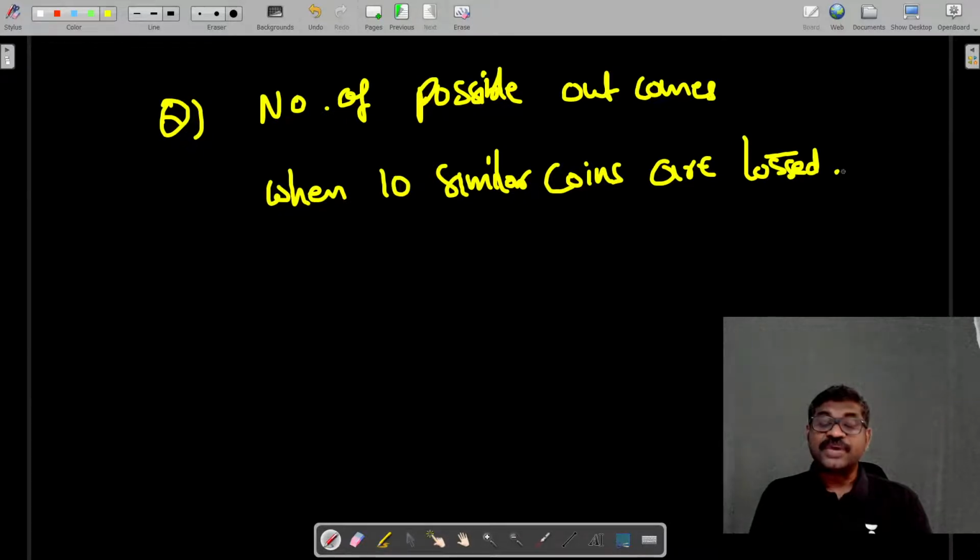Okay? So here, if you toss one coin, possible outcomes are either head or tail. So two possible outcomes. Understood?